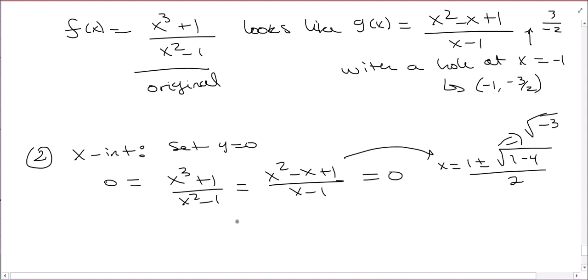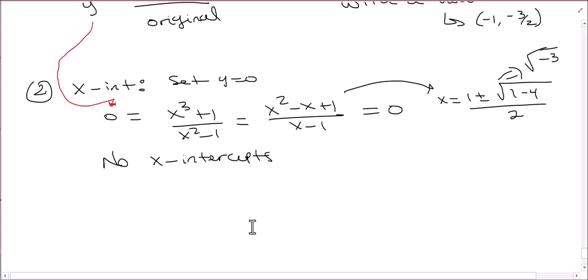So this has no x-intercepts, because when I set y equal to 0, and f of x is just a fancy name for y, we get no real solution. So no x-intercepts. What about y-intercepts?